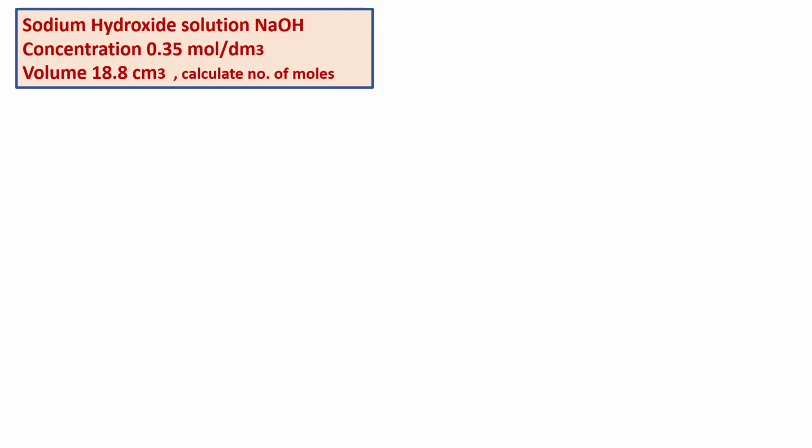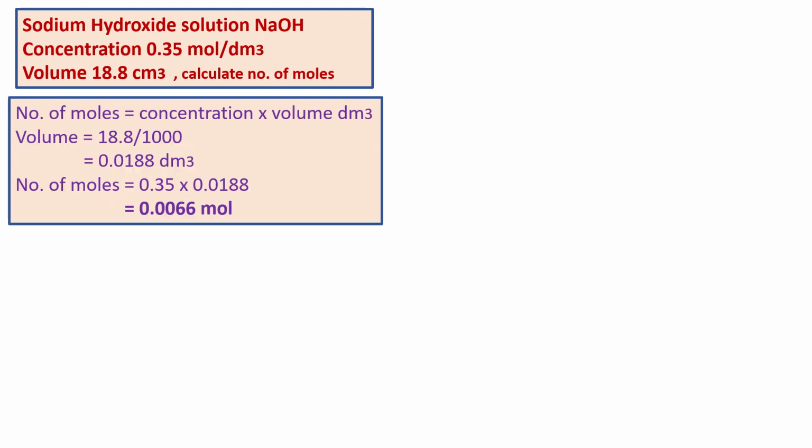Now let's calculate. These are the information we have about sodium hydroxide: concentration 0.35 mole per decimeter cube and volume 18.8 cubic centimeter. And we are asked to calculate the number of moles. What is the equation we are going to use? Number of moles equals concentration times volume in decimeter cube.